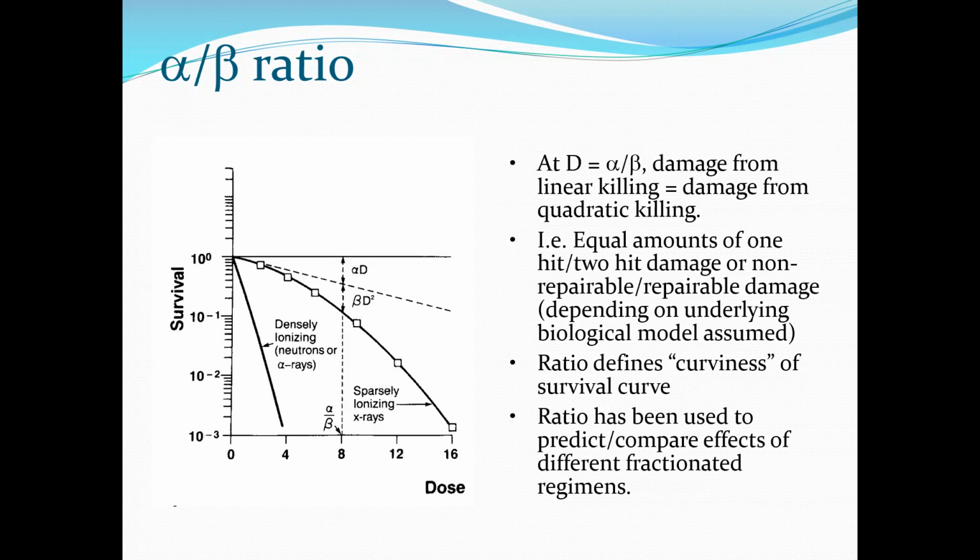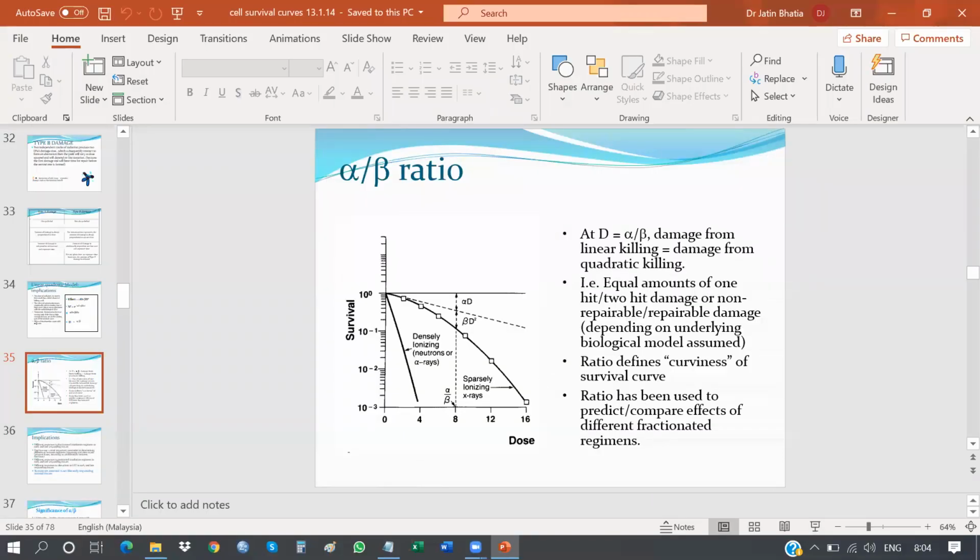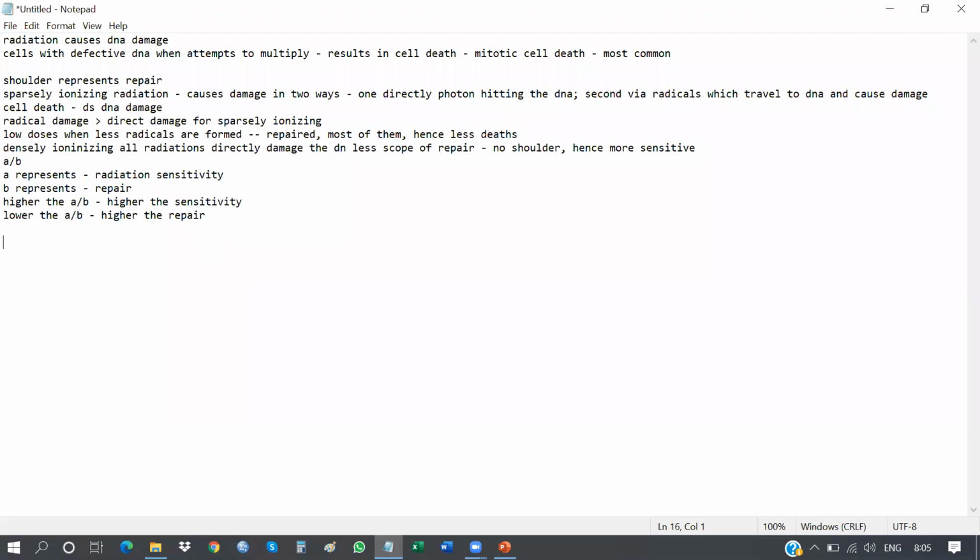See, this ratio in itself has no meaning. If I say spinal cord has an alpha by beta ratio of 1.7, and skin has an alpha by beta ratio of 6, now you can deduce that skin is more radiation sensitive, and the repair mechanism is higher in the spinal cord.